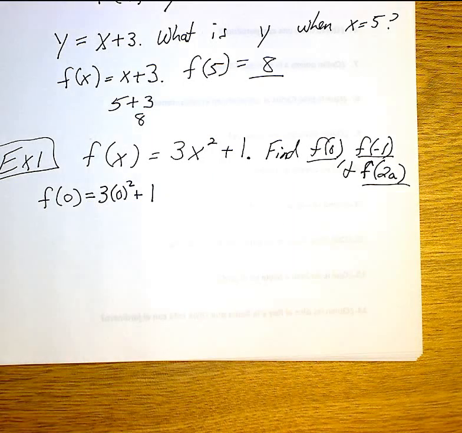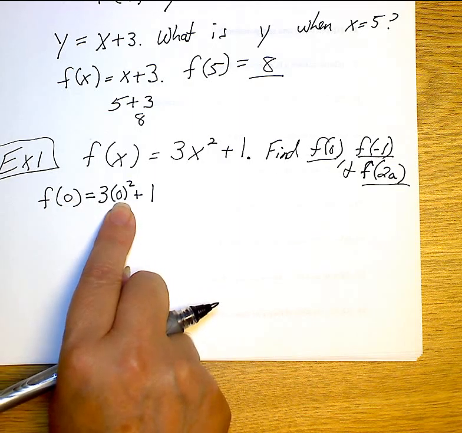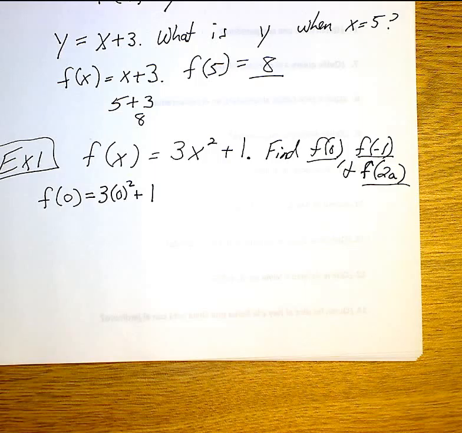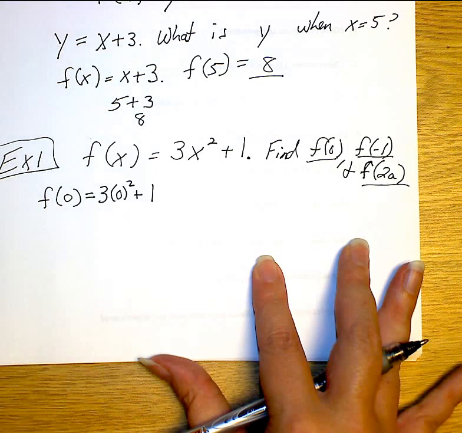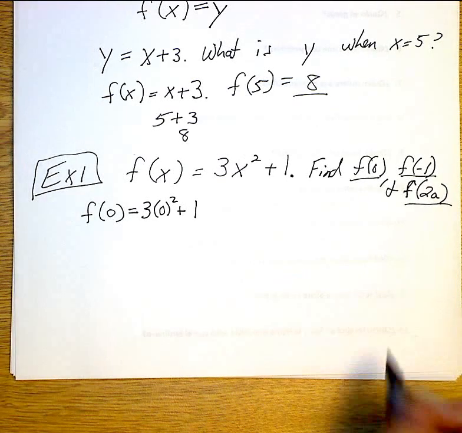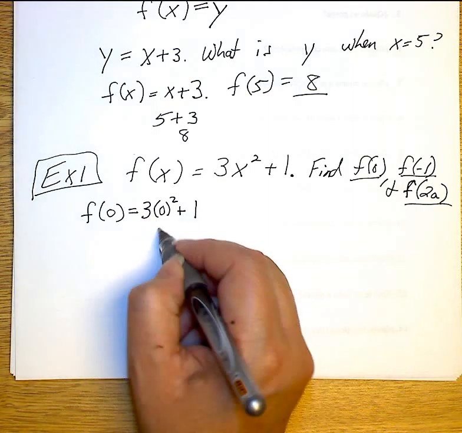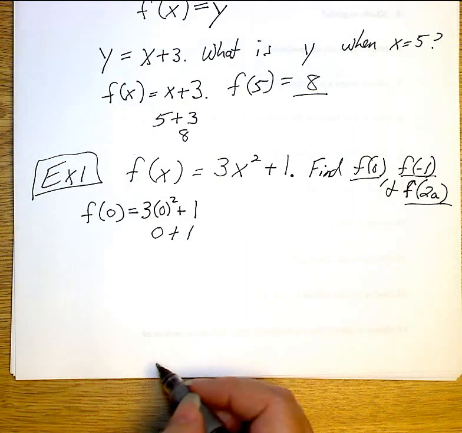All I did was take that 0 and plug it in for the x. So we have 0 squared is 0, times 3 is 0, plus 1. So I have 1.